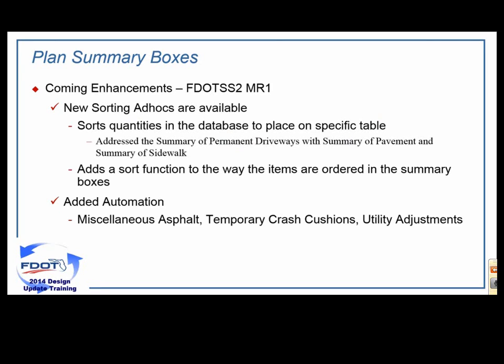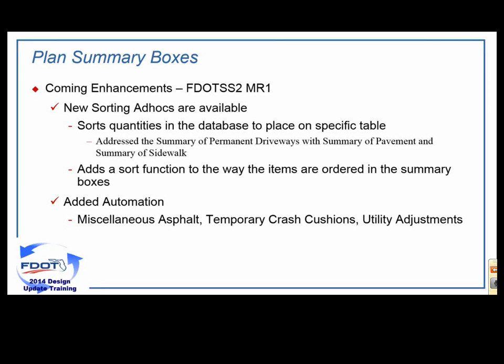We've also got some new ad hocs that will be available for use. Basically, these ad hocs are going to be used for sorting the quantities. I have two different types of sorts that I can do.